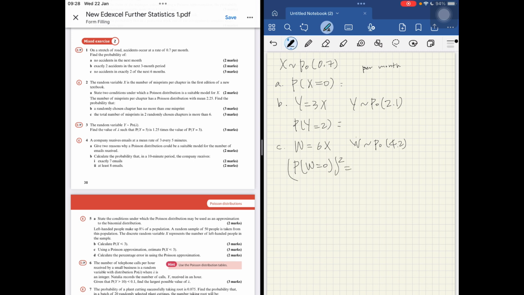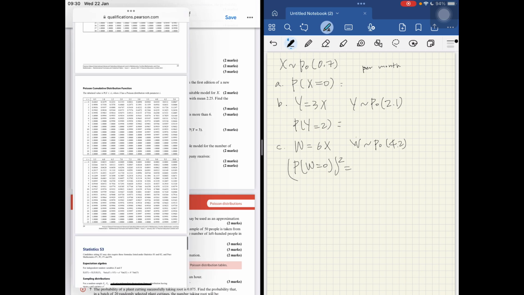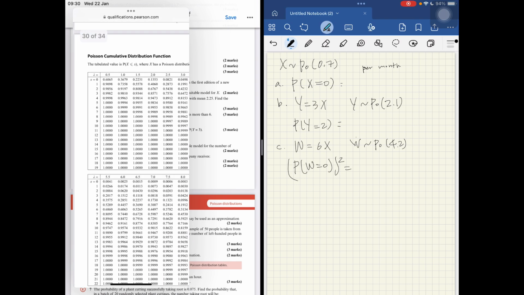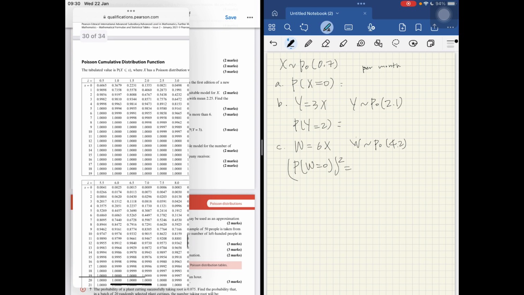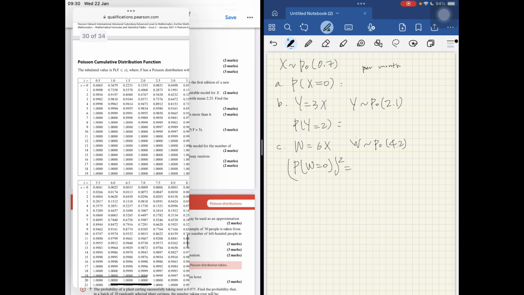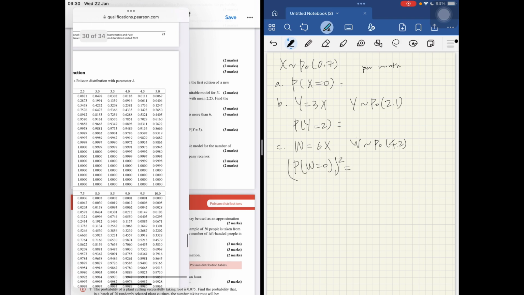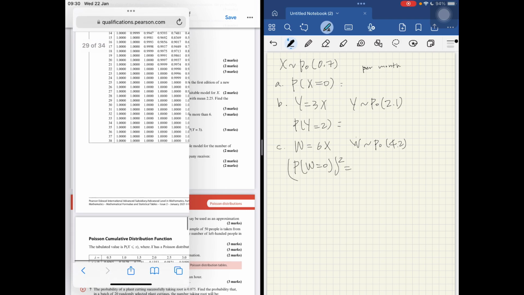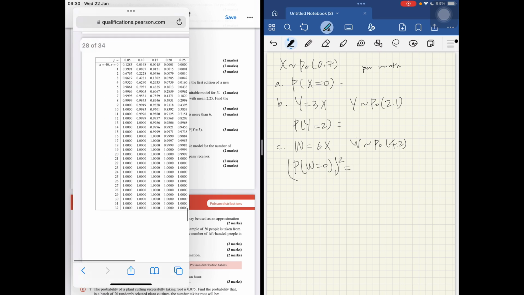So let's find those numbers from the table. This is the formula booklet of the Further Maths, and we have the table for the Poisson cumulative distribution function. When x equals 0 with mean 0.7, we don't have it here.